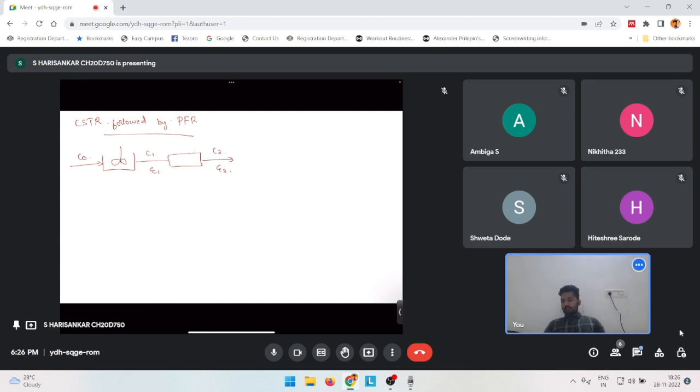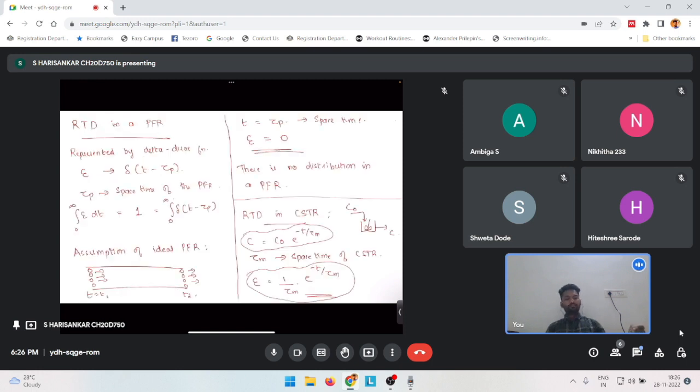Fine. So we had the basic equations for RTD of CSTR and PFR. So we'll just use these equations for the concentration as well as the residence time in the next case, I mean the multiple reactor case as well. So we had the equation C equal to C0 e raised to minus T by tau m for a CSTR for your outlet concentration, and we had the residence time distribution equation as 1 by tau m e raised to minus T by tau m.